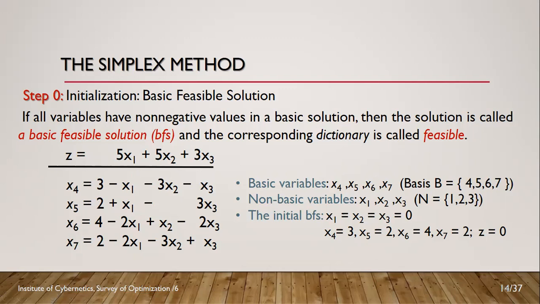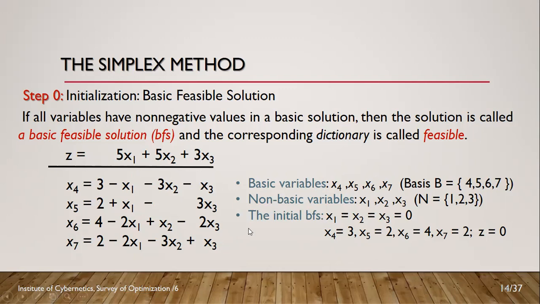We call these variables the basic variables, because we assume that they form a base. And all the remaining variables, the ones that we set to 0, we call non-basic variables.